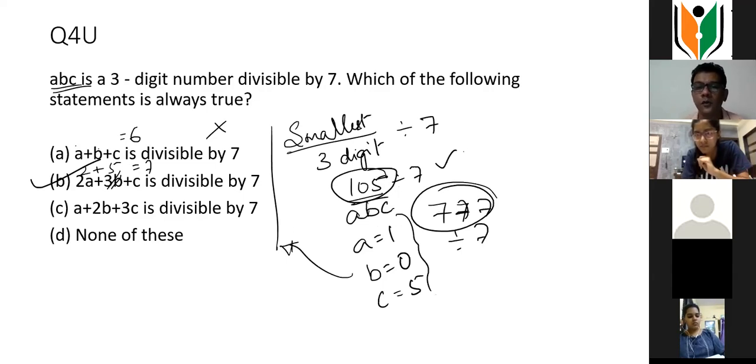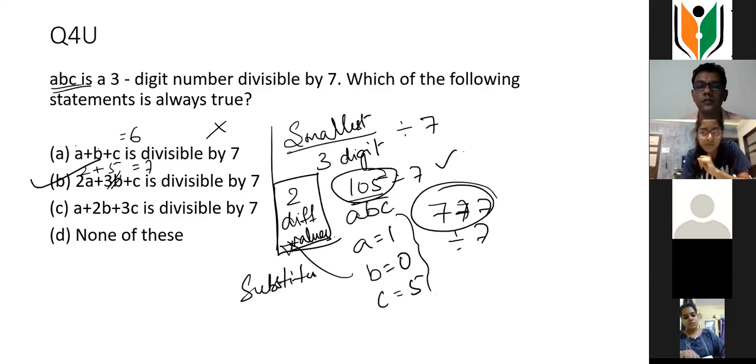So always use one or two different values, substitute, and get the right option. Done, guys?